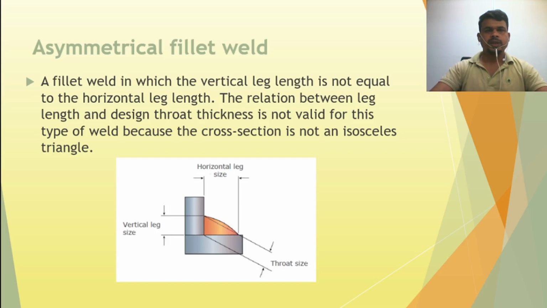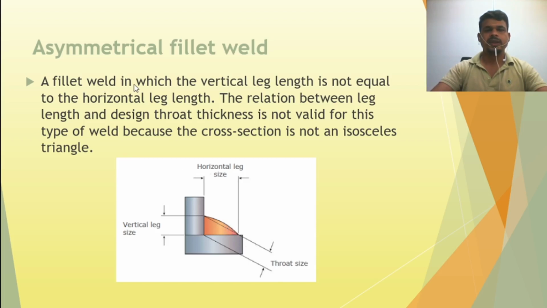So another one is the asymmetric fillet weld. Asymmetric means one side the leg length is small and the other side is big. So this is the throat size. This is the horizontal leg length, this is the vertical leg length. So what is the throat size? This is the throat size. You can see the maximum is the throat size.